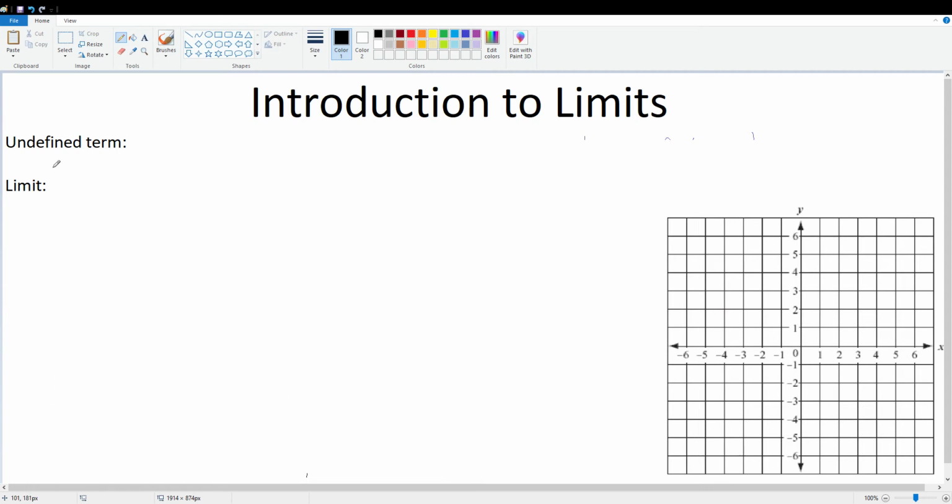So not as many defined terms or vocab as I like to usually use, but an undefined term is an expression that when a value is substituted into an equation, it will not give a number. A value can be undefined if it is outright stated or makes the denominator of an equation equal 0.